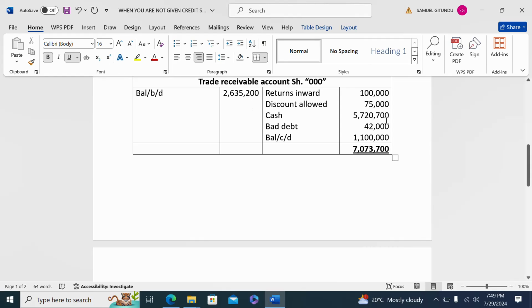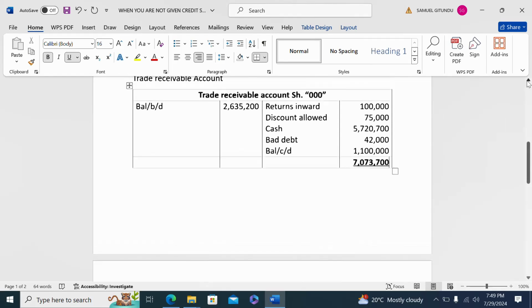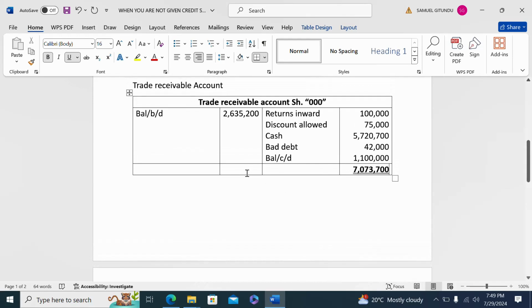And since any account must be balanced, we expect that the balance here will also be 7,073,700.